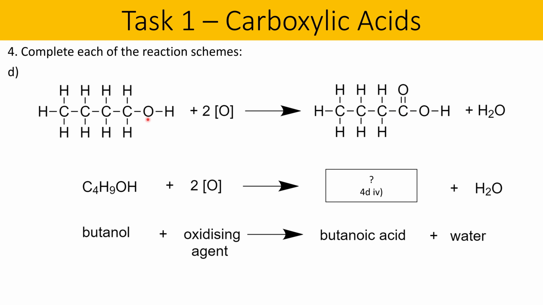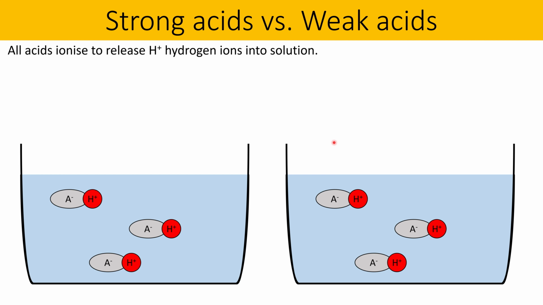So over here our functional group is OH, which is why it just got bolted onto the end, whereas with our carboxylic acids the functional group is our COOH. So we should get this, which is C3H7COOH, like that.